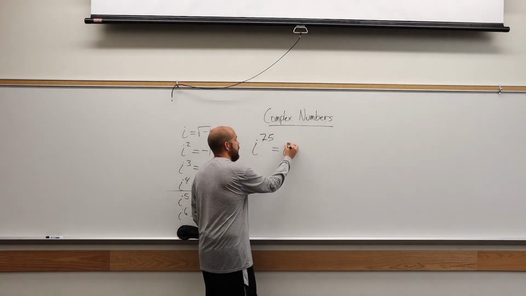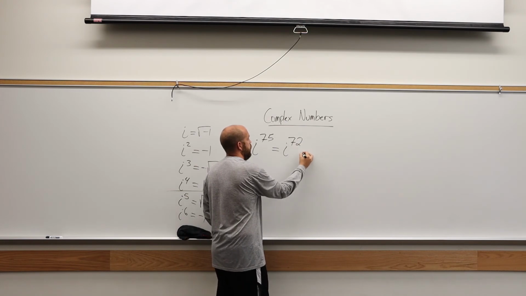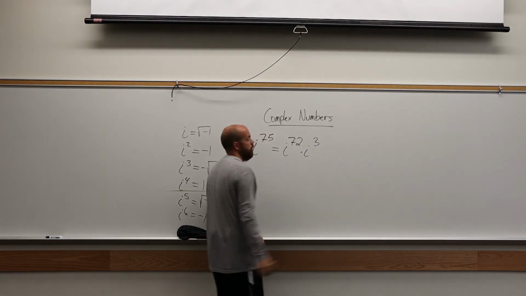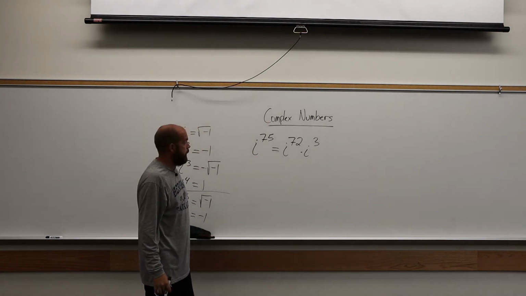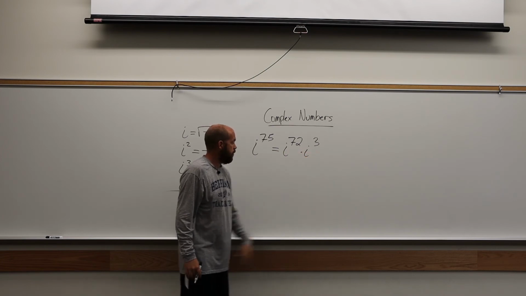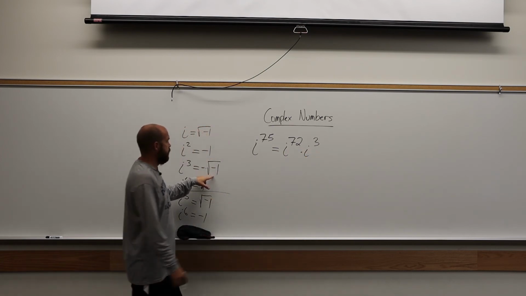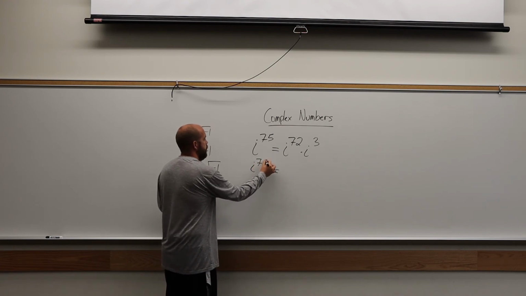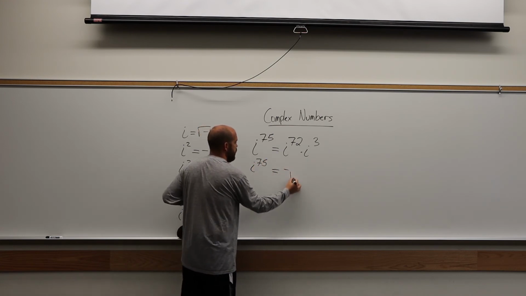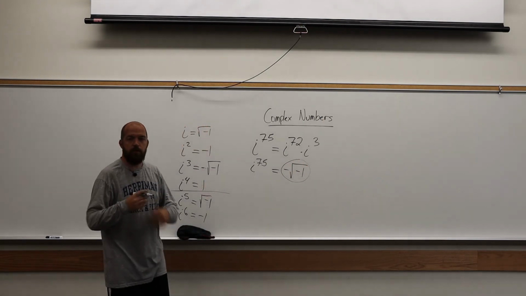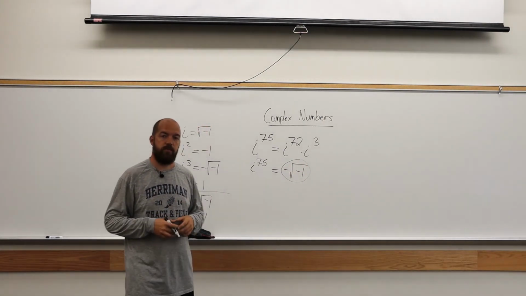So this is going to be i to the 72 times i to the third power. That'd be 3 of them left over. So this right here equals 1 times i to the third, which is negative square root of -1. So I know that i to the 75th power equals -1 times the square root of -1. Boom. So that multiple of 4 really helps simplify this stuff pretty quick.